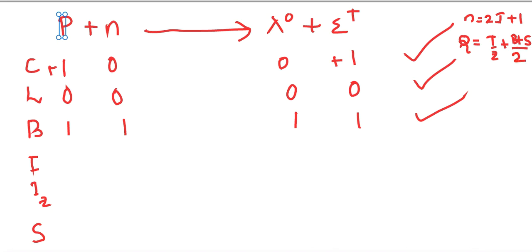So let us calculate this. First of all we will write I. Here proton and neutron are in the same multiplet, so the total number of members is 2. Therefore 2 equals 2I plus 1, and from this I get I as 1 by 2. For neutron also it is 1 by 2. Now let us see lambda 0. For lambda 0 the total number of members in the multiplet is 1, so I is 0.